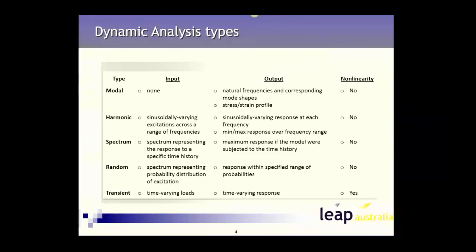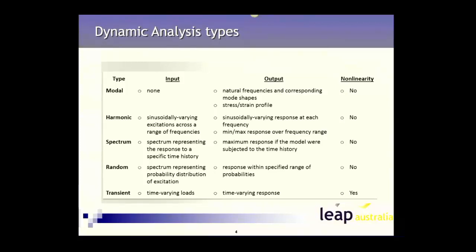So an earthquake or driving over a rough road, you can characterise that as either a spectrum where you have a force or an acceleration versus frequency curve, or you can have a random vibration. So random vibration basically outputs the probability that your stress will exceed a certain value.